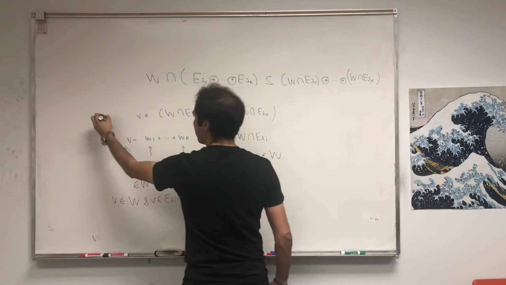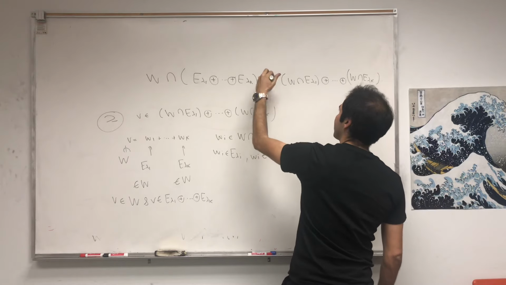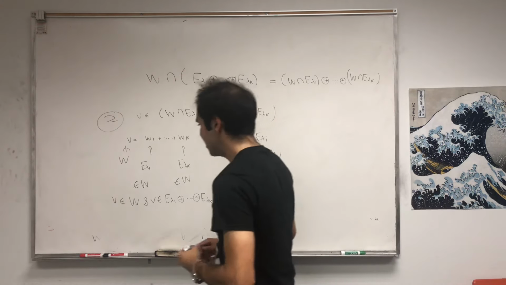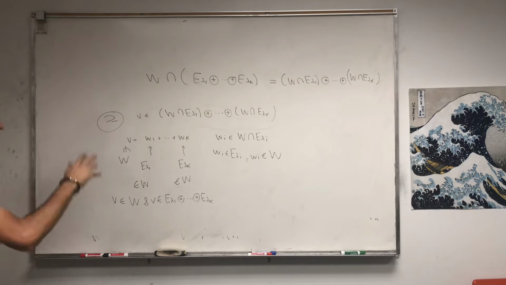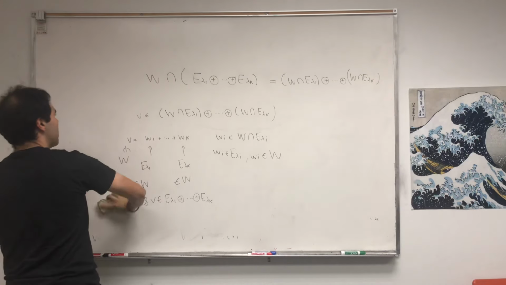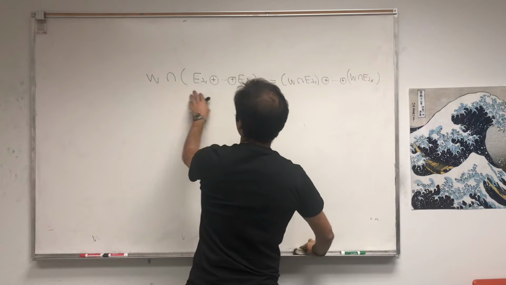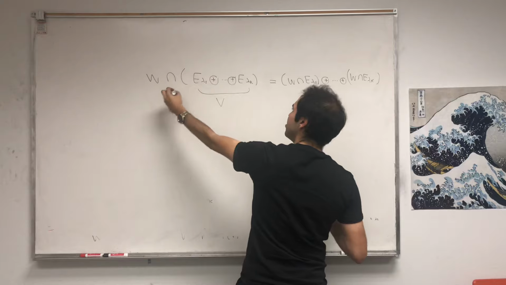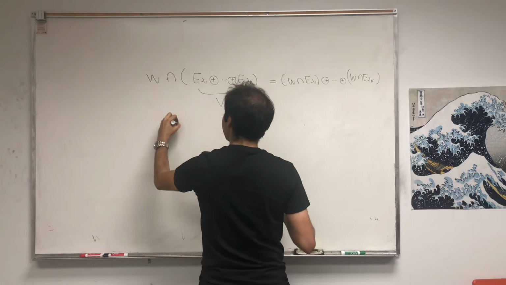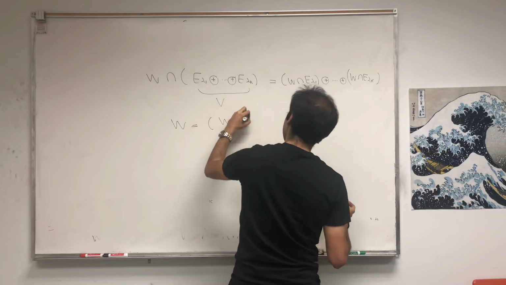So the other step is also shown, and therefore, we get equality. All right, so that's good. We get that W intersect this equals this, but again, by assumption, we know that V is a direct sum of the eigenspaces. So V intersect W is this, so W is the direct sum of those things.